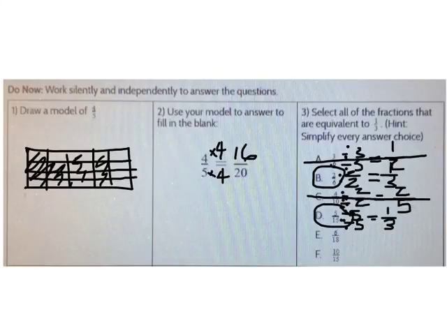Yes. Now let's take a look at E. Is 6 over 18 written in simplest form? No. What's the largest number that goes into both 6 and 18? It's 6. When I divide both 6 and 18 by 6, what's my new fraction? It's 1/3. Is E a correct answer?